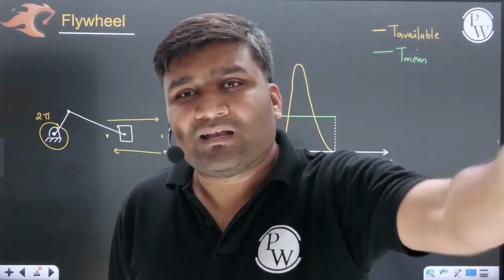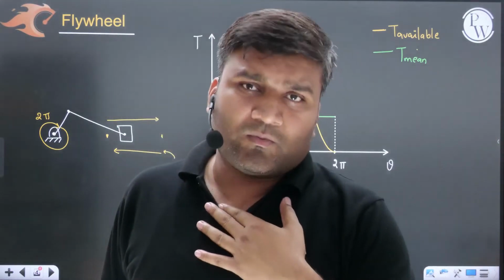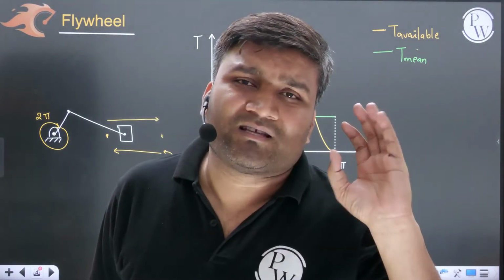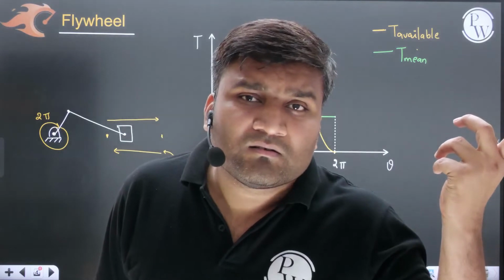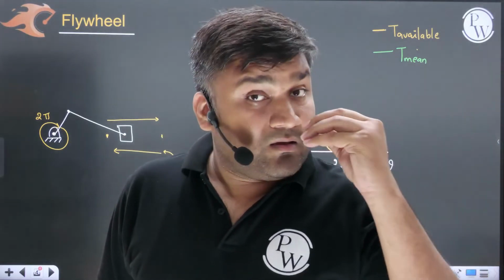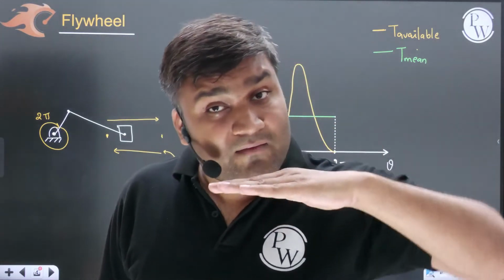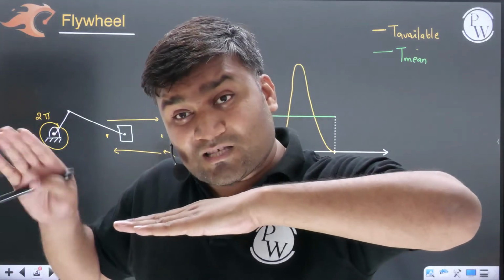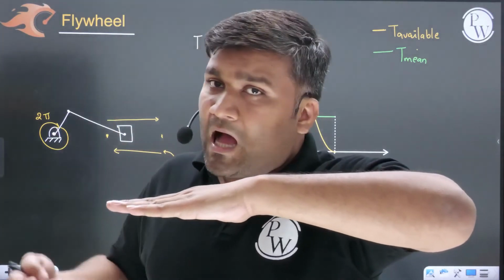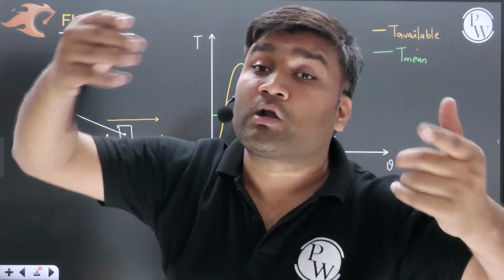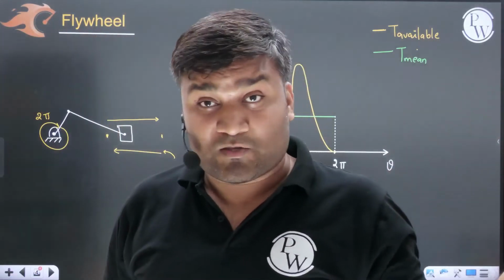Why? Less than the mean torque I will not use, because the rest of my engine's energy is going to be wasted. For complete utilization, I will keep my resisting torque the same as the mean torque. Higher than the mean torque I cannot use, because it will be beyond the capacity of my engine.